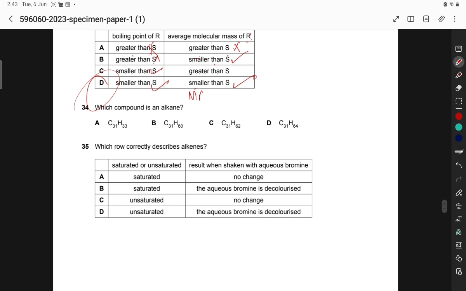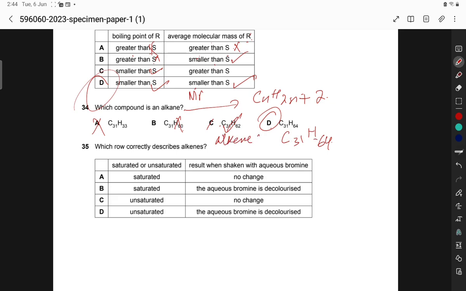Which compound is an alkane? The alkane formula is CnH2n+2, so let us justify this formula. C31H62 is incorrect, it is an alkene. C31H64 is the correct option.